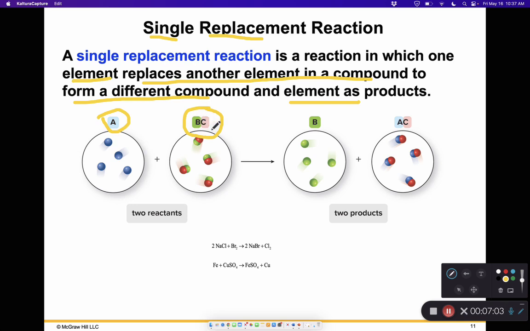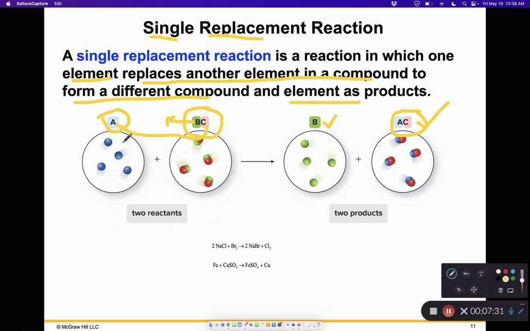What will happen here is this A will come and combine with C, and it will kick out the B. A will replace the position of B, and it makes AC. We have a new compound, right? We had BC earlier, now we have AC. It is a new compound, and there is another product, B, singled out.